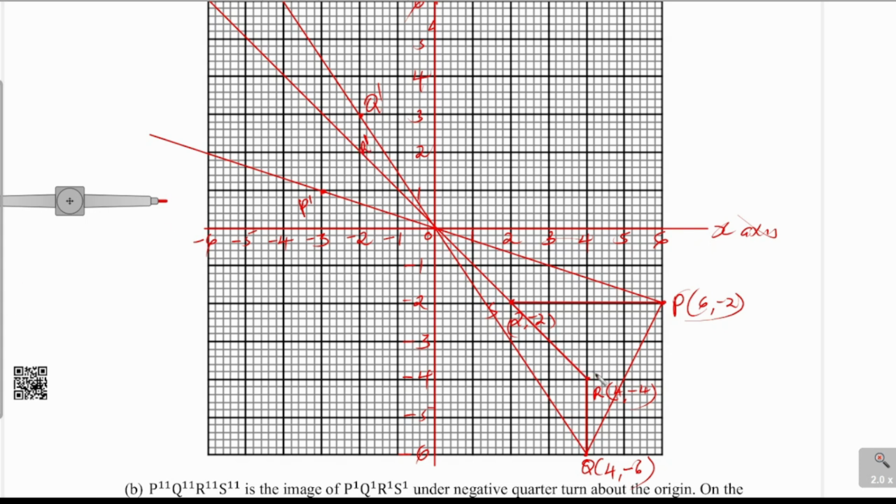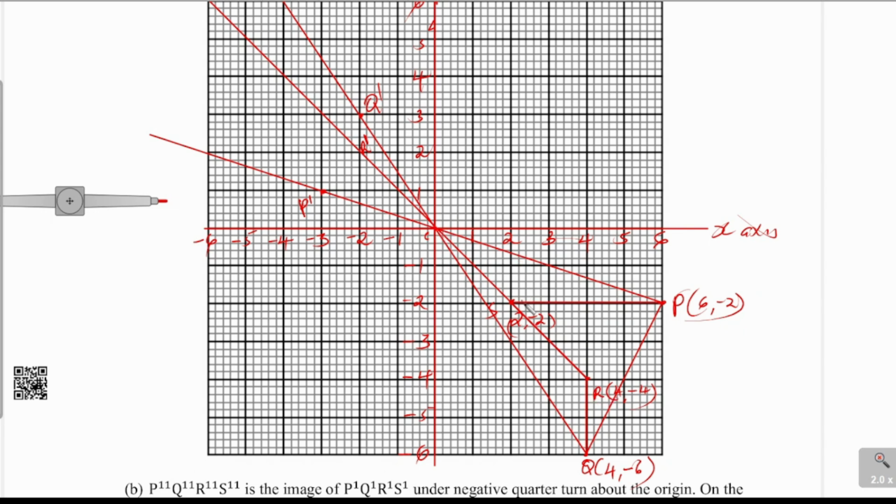So the next one is after R we have S. Now you notice that R and S are on the same straight line. So what it means, when I join S to the origin, it will be the same line as the line that I used when joining R to the origin.